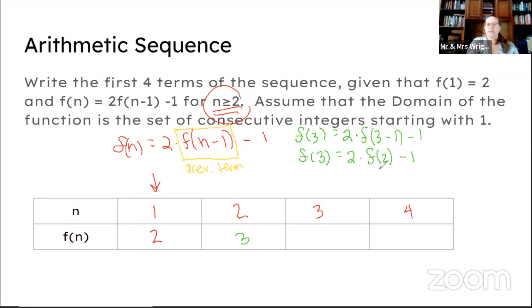Oh, look, it's f of 2. I know what f of 2 is. F of 2 is 3. So I'm going to plug that in. 2 times 3, f of 2, I happen to know, is 3, minus 1. So 2 times 3 is 6. Minus 1 is 5. F of 3 is 5.